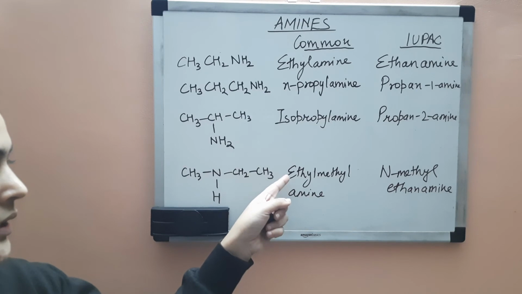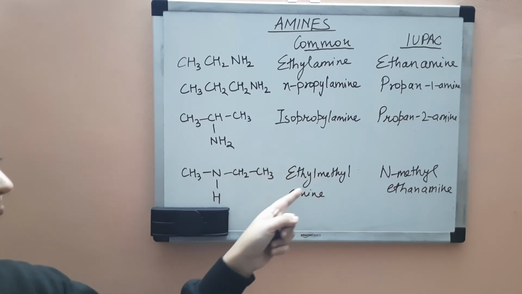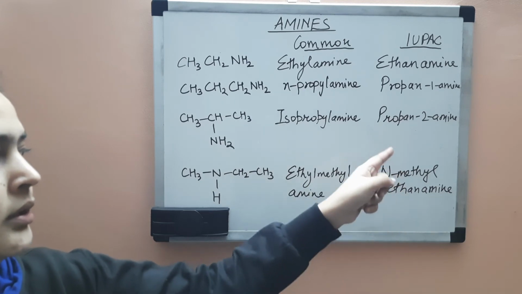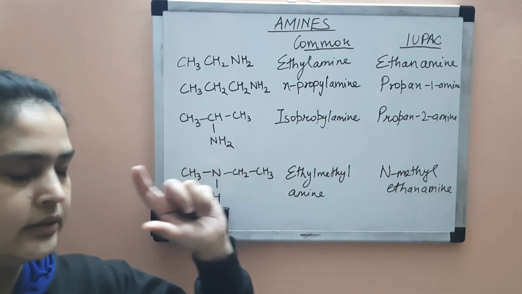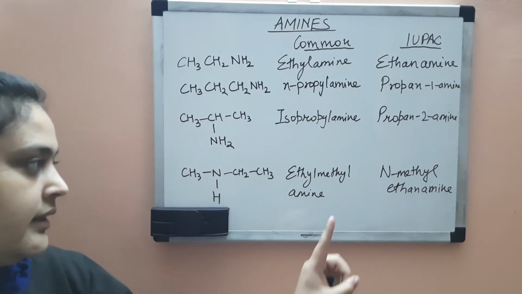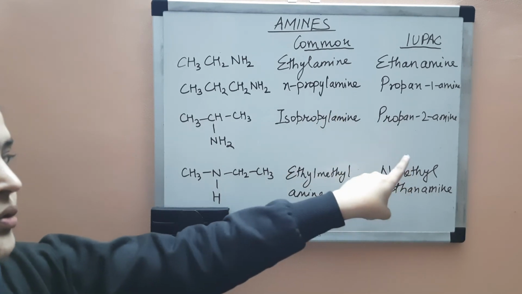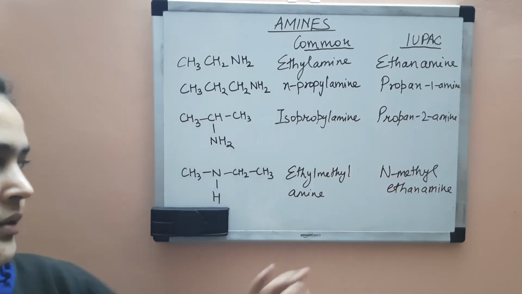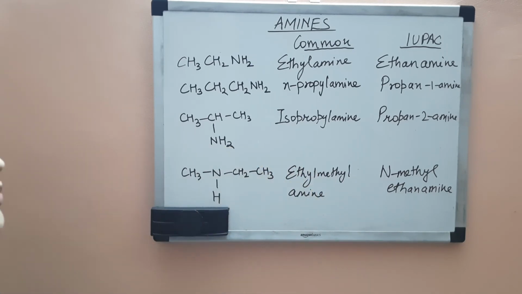Ethyl, E, comes first, then methyl, M. So therefore ethyl methyl amine. But in IUPAC, the alkyl group with the smaller number of carbon atoms, that is methyl, will be named first. So N-methyl ethane amine. This is the difference between common nomenclature and IUPAC nomenclature.